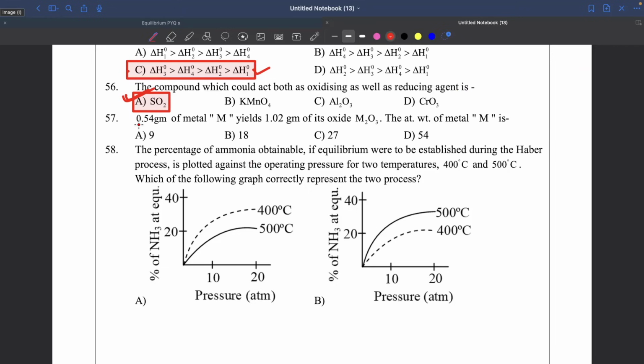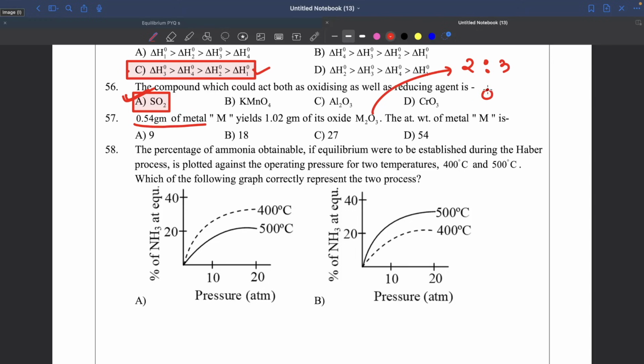Okay. So, we will move to the next question, 57. 0.54 grams of metal M yields 1.02 grams of metal oxide M2O3. The atomic weight of the metal is how much? So, it is also simple, we will apply the mole-mole ratio. So, from the formula it is obvious that the ratio is 2 moles metal to 3 moles oxygen. So, you will find 0.54 grams of metal is there.